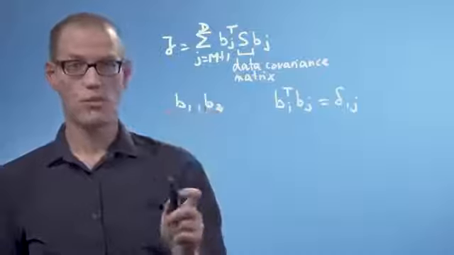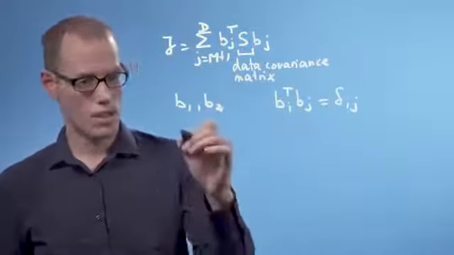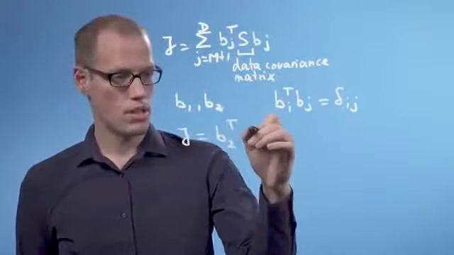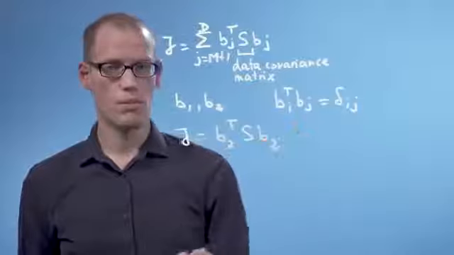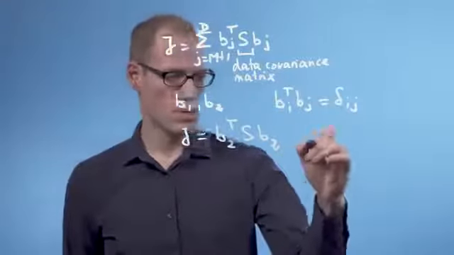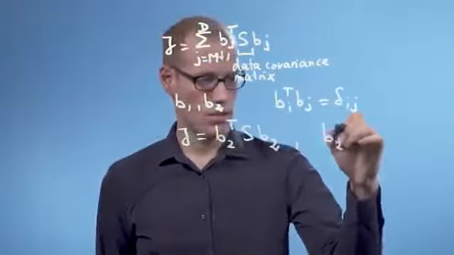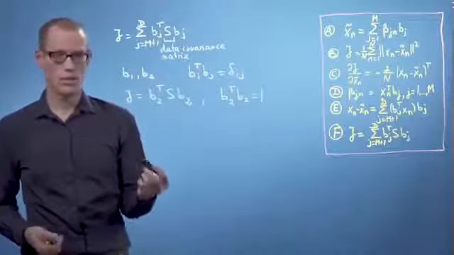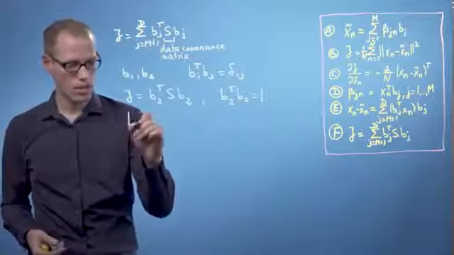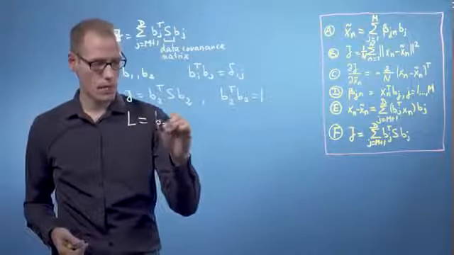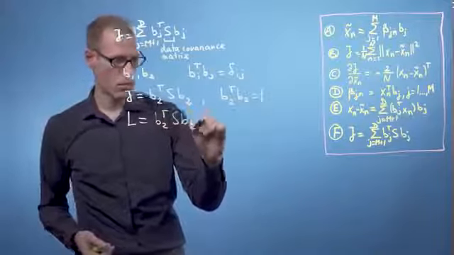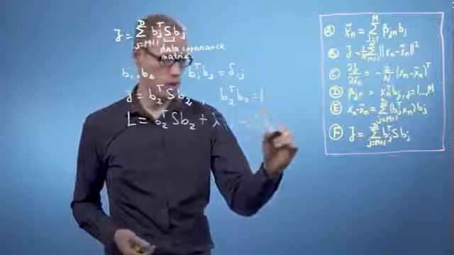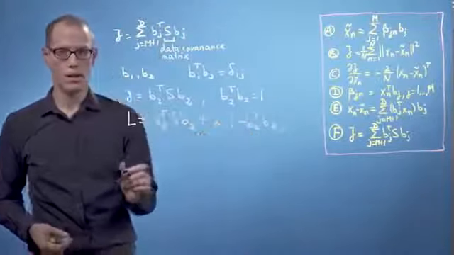In our example with our 2 vectors, our loss function is J = B2 transpose times S times B2, with the constraint that B2 transpose times B2 is 1. To solve this optimization problem, we write down the Lagrangian, which is B2 transpose S B2 plus lambda times (1 minus B2 transpose times B2), where lambda is the Lagrange multiplier.